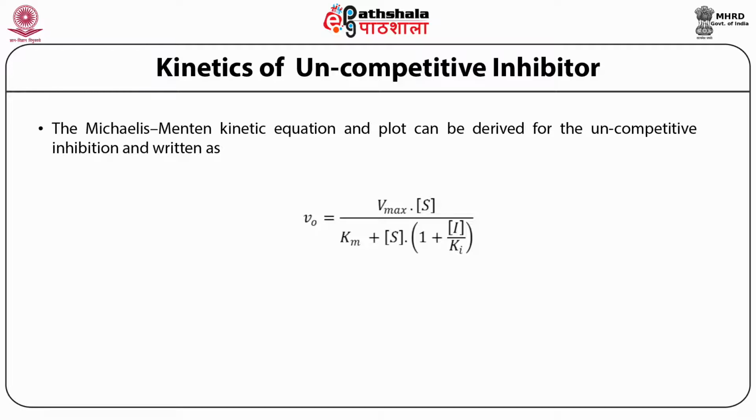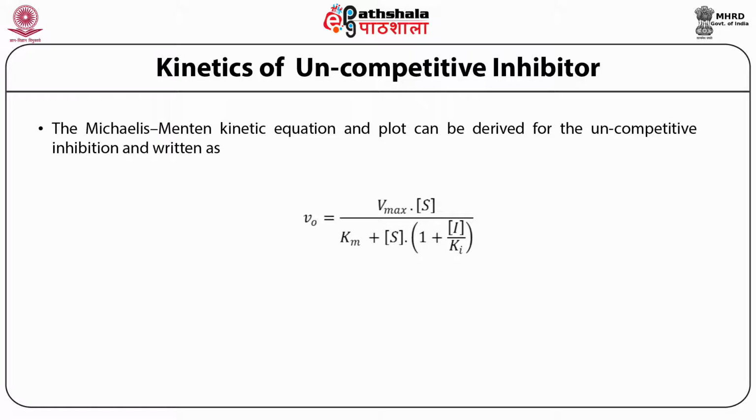So that results in two things. To decrease Vmax, we are multiplying all the denominator with 1 plus I upon Ki. To decrease Km, we are dividing that Km with 1 plus I upon Ki.